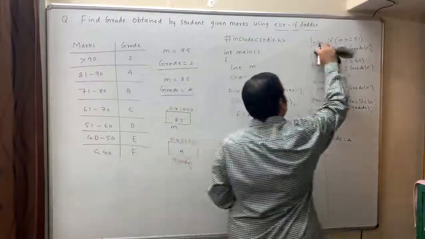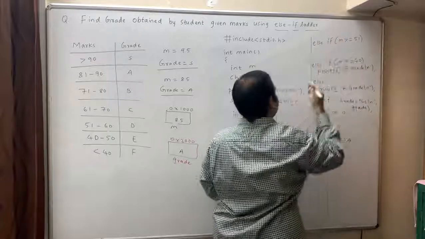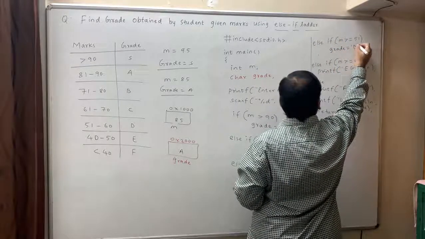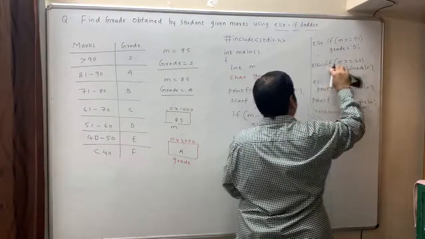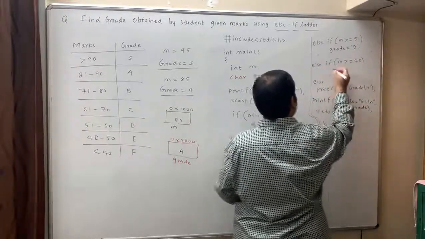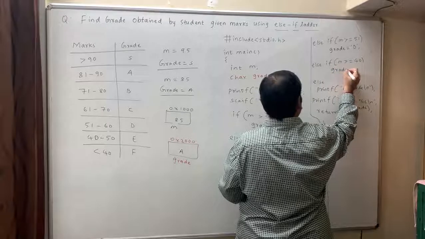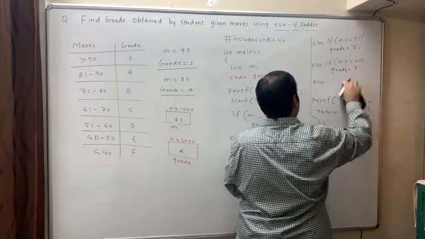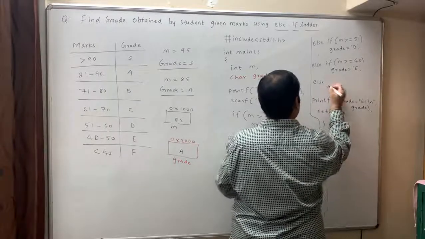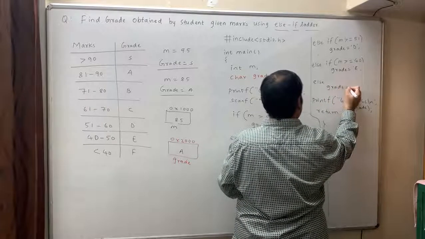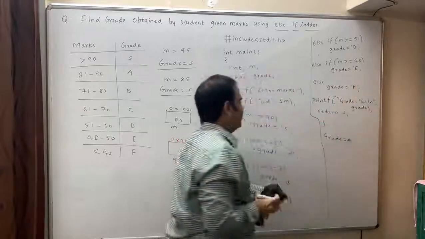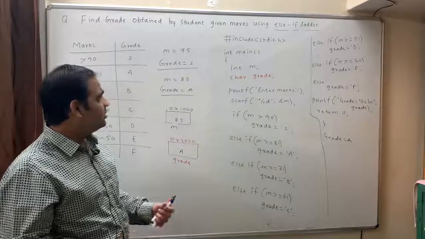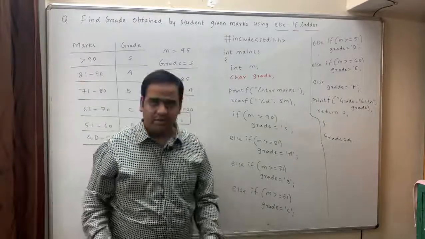I can write over here grade is equal to D. Over here grade is equal to E. And over here grade is equal to F. And at the end you may print the grade and get the answer. This is a proper way of writing this using the else if ladder.